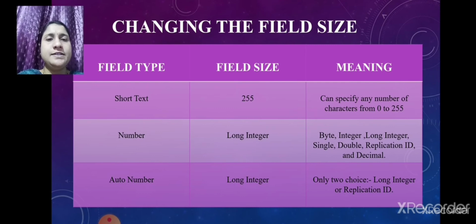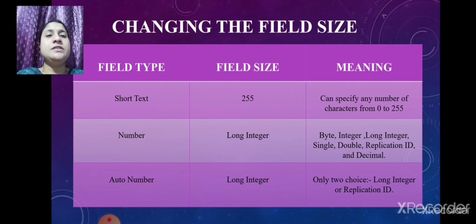Now the next topic is changing the field size. Each field has a size that limits the amount of data you can store in it. There are different ways of expressing the field size depending on the type of the field. See here, the field type is given, the field size is given, and the meaning is also given.